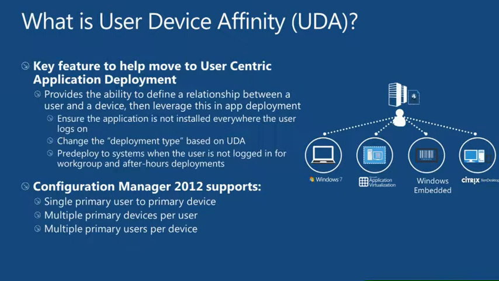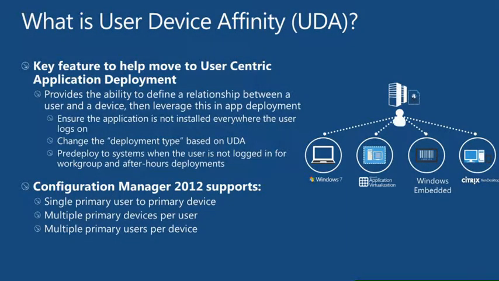So there are three different ways that Configuration Manager supports user device affinity. And that is, you can have a single primary user to a primary device, or you can have multiple primary devices per user, or you could also have multiple primary users per device. So the key here is Config Manager understands what is a primary device and what is not a primary device.